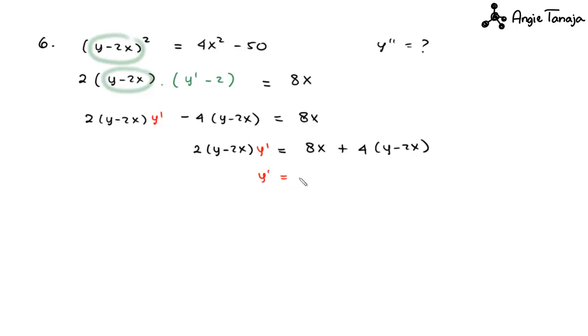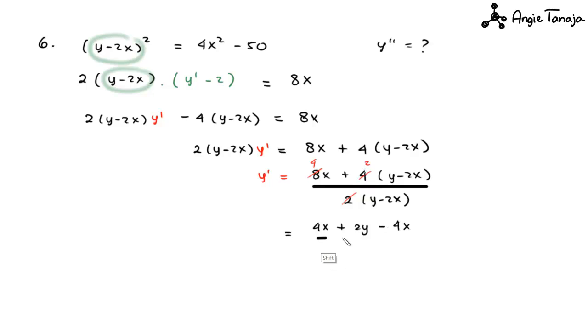So then the y prime will be 8x plus 4y minus 2x over by 2 times y minus 2x. And then, yes, you can. So then it becomes 4x plus 2y minus 4x over by y minus 2x, which is very good. So it will be just 2y over y minus 2x.